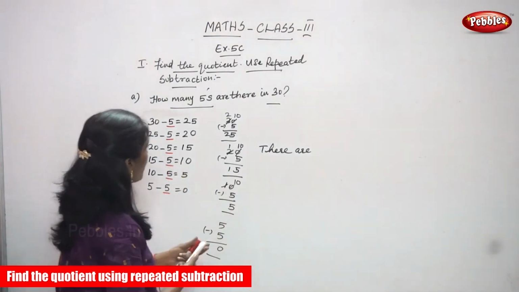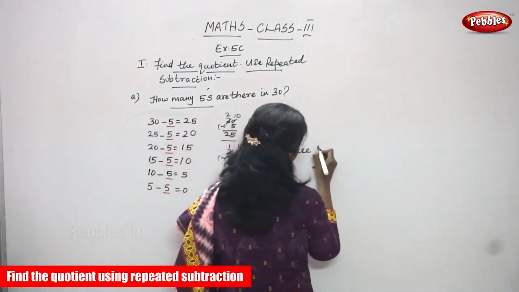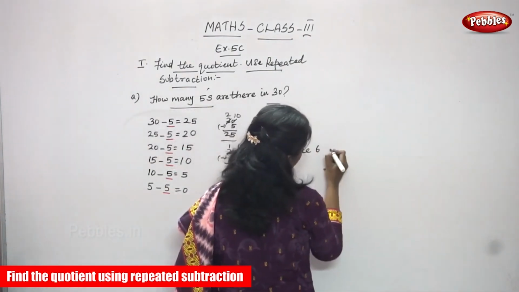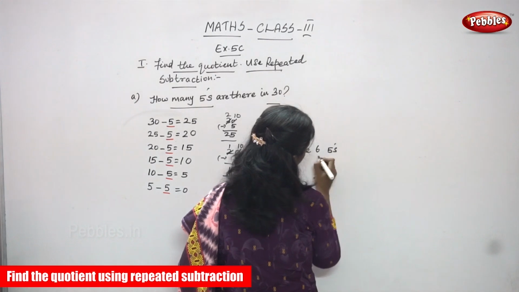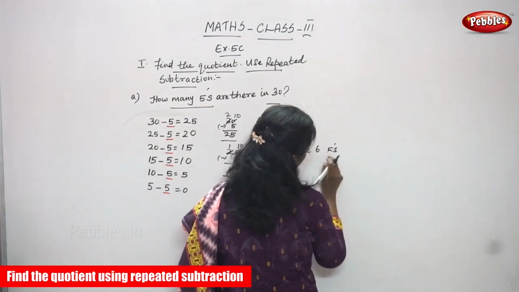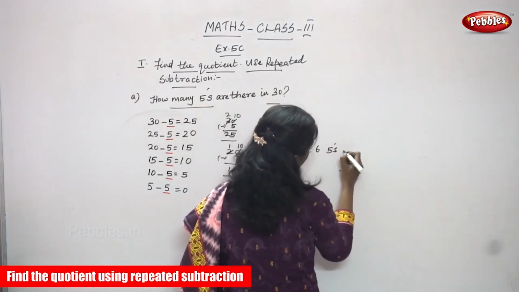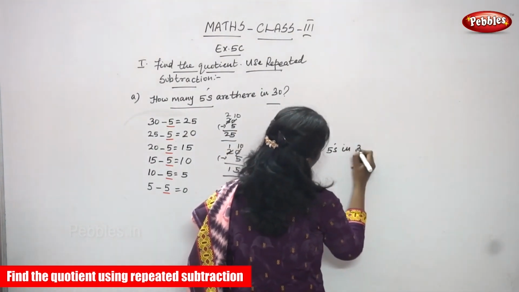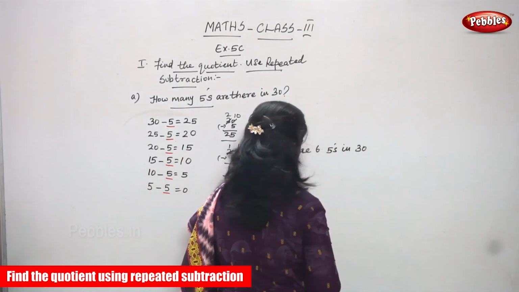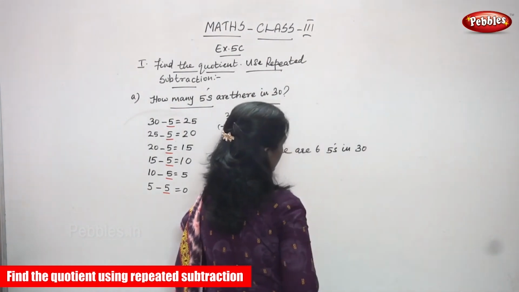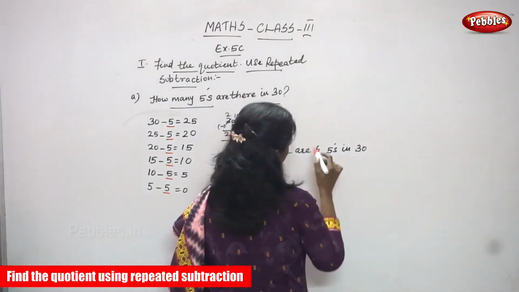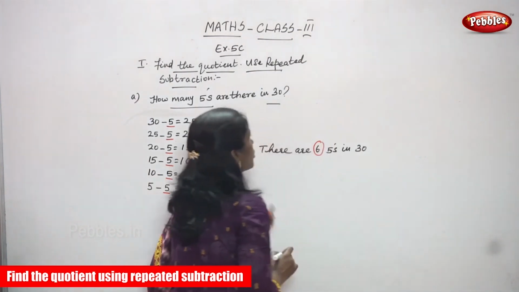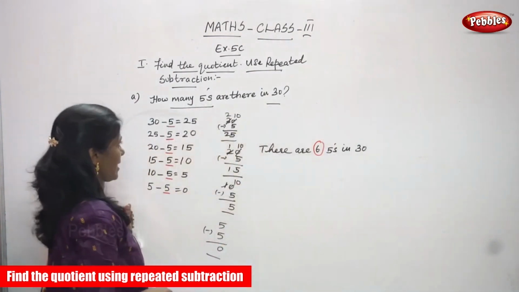How many 5's are there? 6. Okay, there are 6 5's in 30. What is the answer? The answer is 6. So this is repeated subtraction.